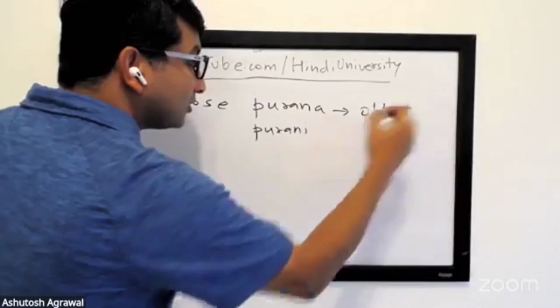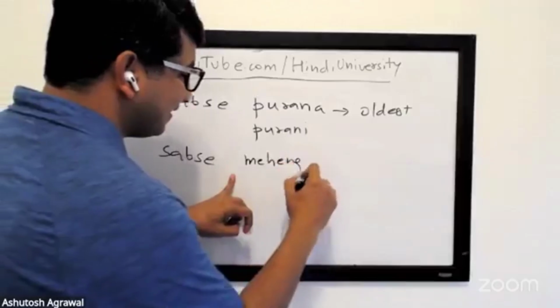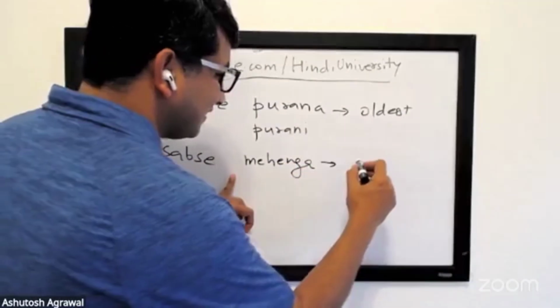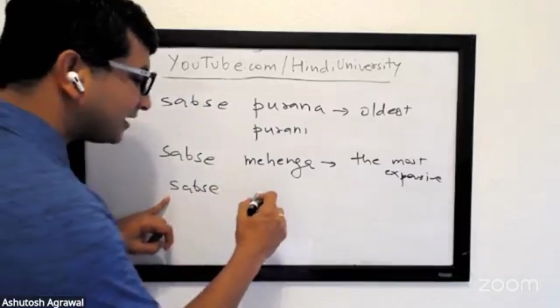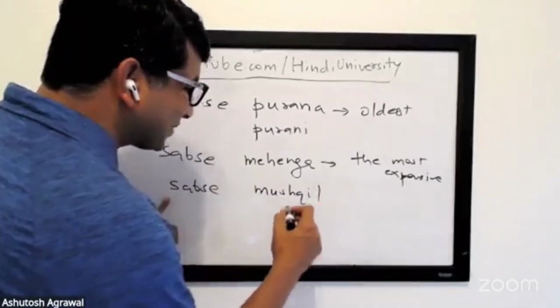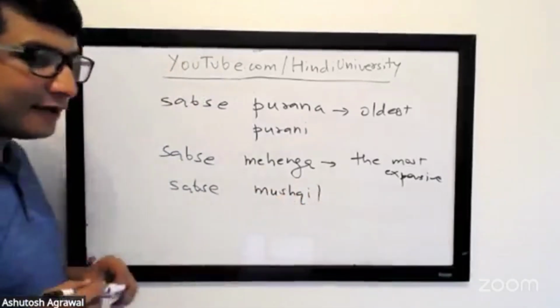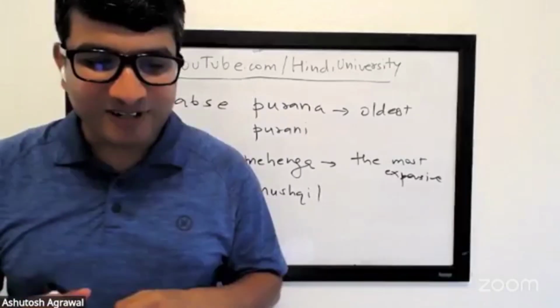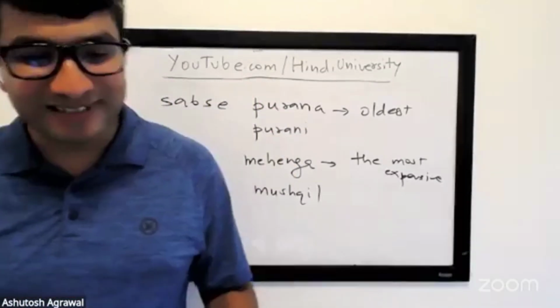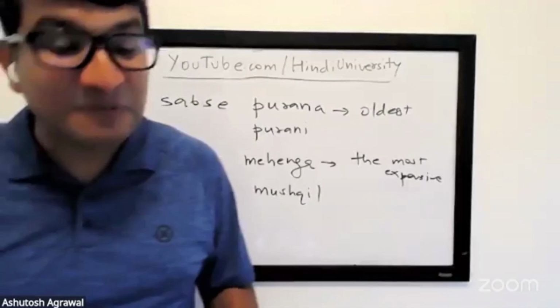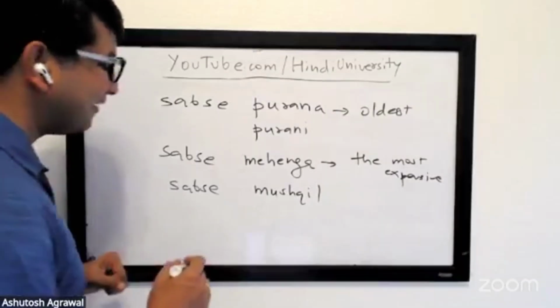What are some of the other commonly used phrases that you hear? What does it mean? Expensive, the most expensive. Extremely difficult would be kathin or mushkil, right? Imagine you have a language that you're learning, and you are a polyglot, you know many languages. Like, सबसे मुश्किल language है, right? सबसे मुश्किल, very hard. Okay, very good.